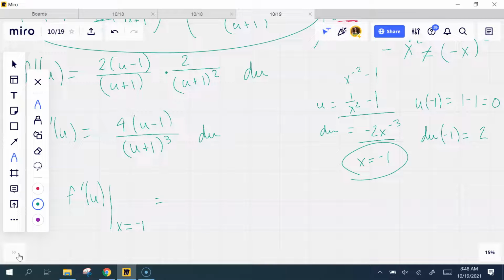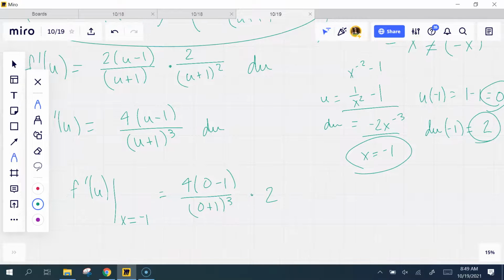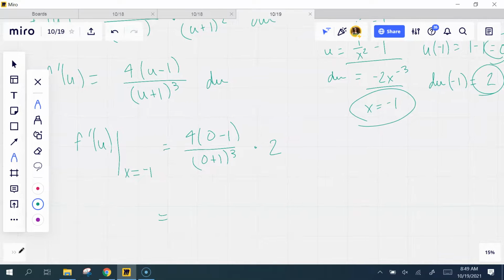For every u, I'm plugging in 0, and for every du, I'm plugging in 2, since I'm evaluating at this specific point. So 4 times 0 minus 1 over 0 plus 1 cubed times du. So, negative 4. 4 times negative 1 over 1 times 2.